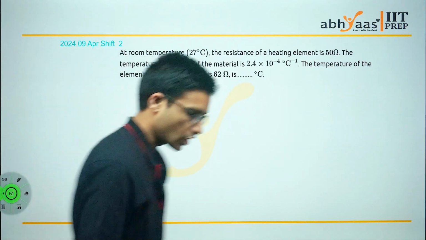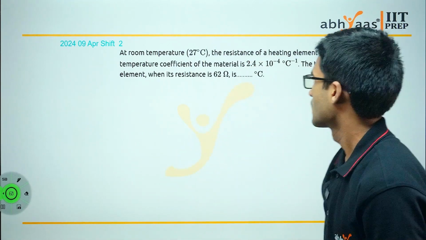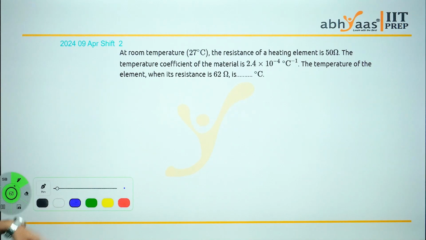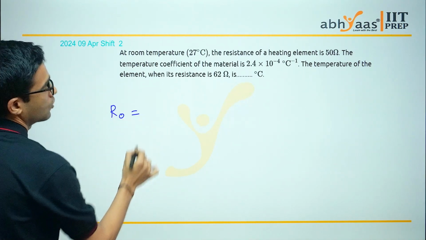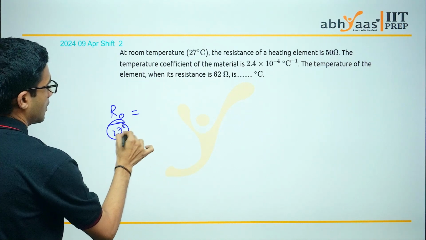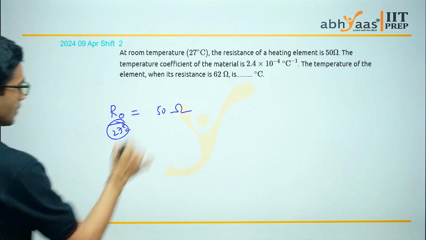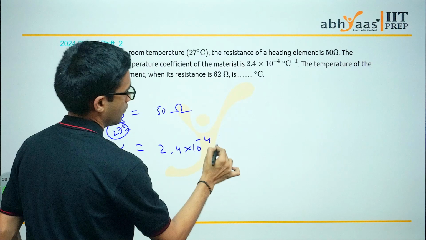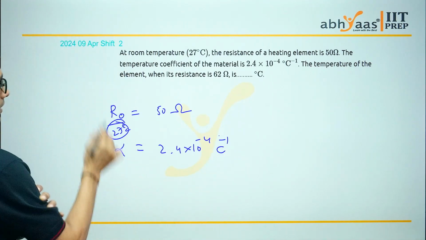Another question is also related to resistances. Here at room temperature, 27 degrees centigrade, R0 is 50 ohms. Alpha is given, 2.4 into 10 power of minus 4 per degree Celsius.